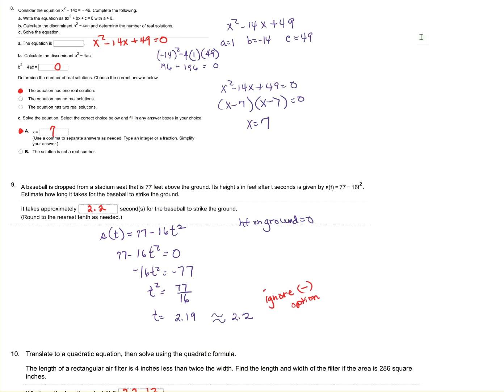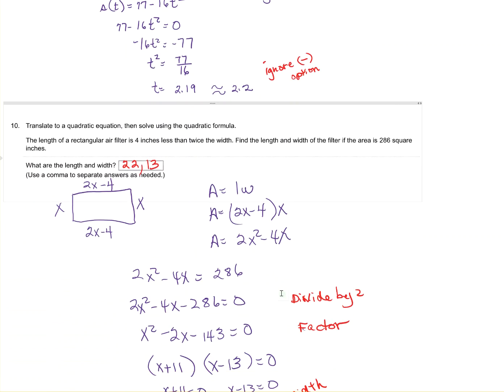So that's how you can do it on your calculator. And because it's a square root, we've been saying it's plus or minus, but because we're talking about time, we ignore the negative option.